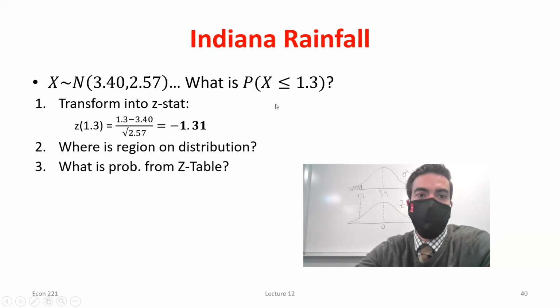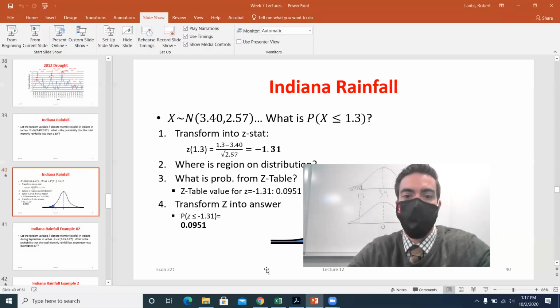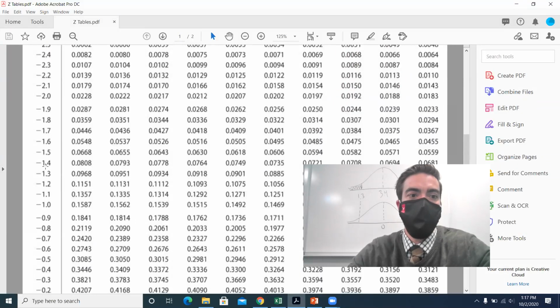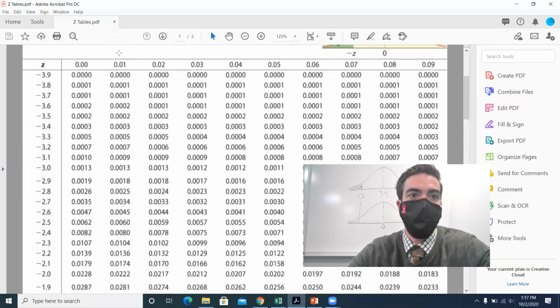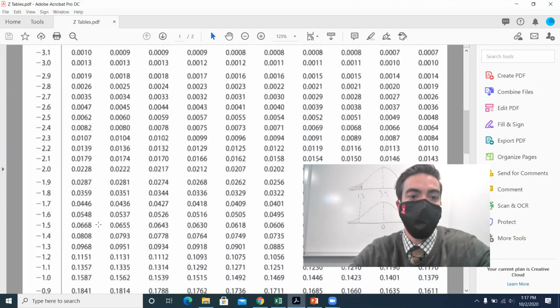So what's the region I want? We already drew that. So what's the probability from the table? Well, once I have that z-score, I just look up negative 1.31. Negative 1.3, and the column is 0.1, so this is why I said having it in front of you might be a little bit easier.